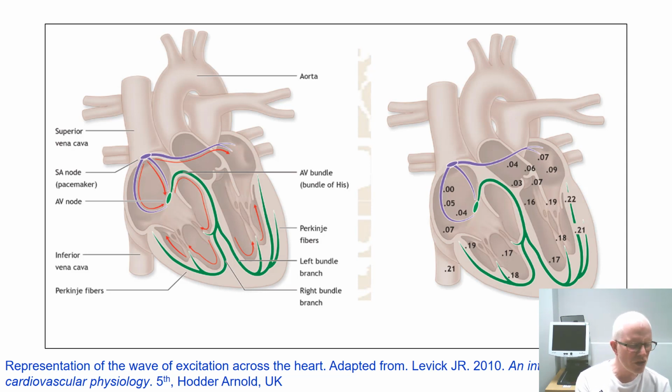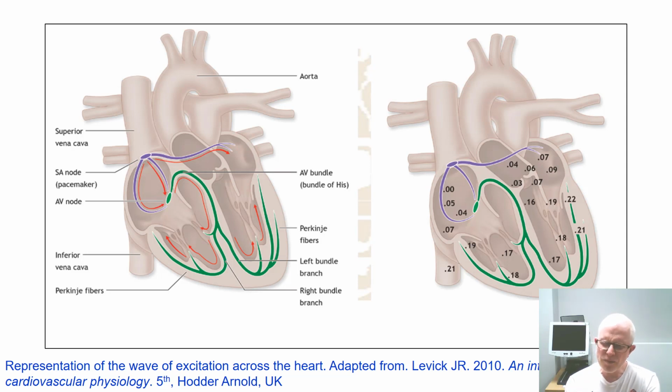So you can see that on the right-hand panel you can see time frame 0.00 in the top part of the heart, and as we descend through the heart the time frame becomes greater. The red lines in the left-hand panel refer to the relaxation of the heart, and so this is showing you that wave of excitation across the heart.